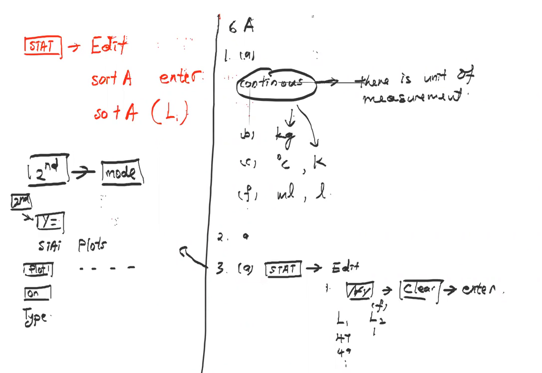Okay. Then your X list is in L1. Frequency, can you please type in L2? Okay, then color is up to you to choose. Everything done?